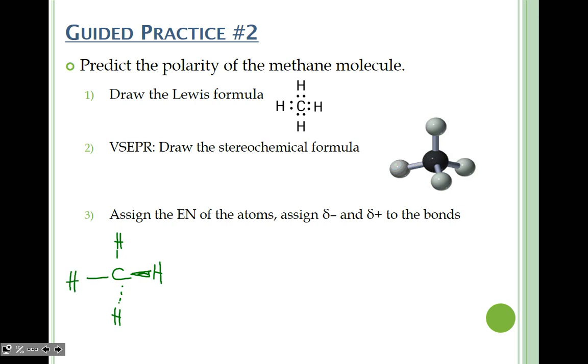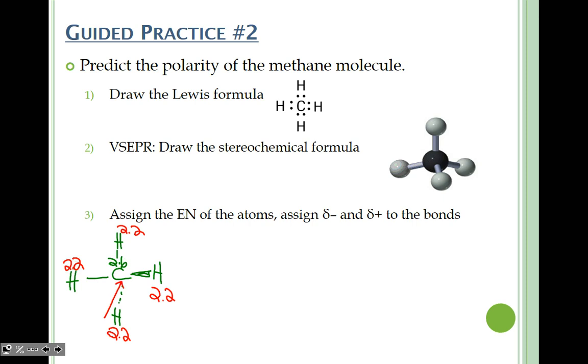So carbon has an EN number of 2.6. Hydrogen, I'll do it in a different color, 2.2. You'll notice that 2.6 is higher than 2.2. So where are the electrons going to go? The electrons are going to go towards the carbon. Another thing to think about is this.